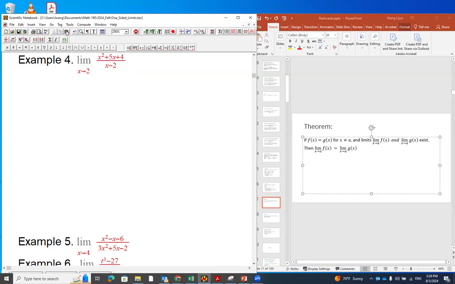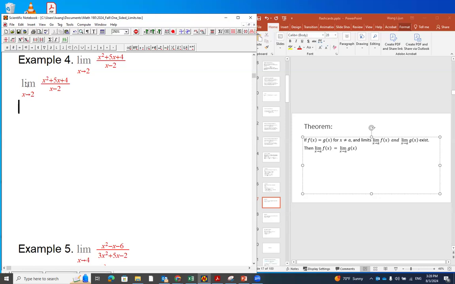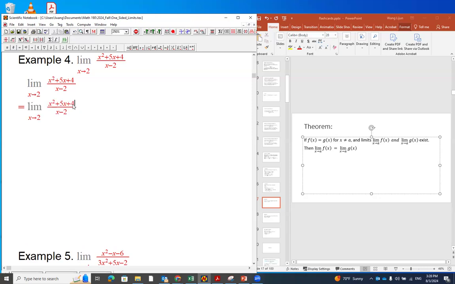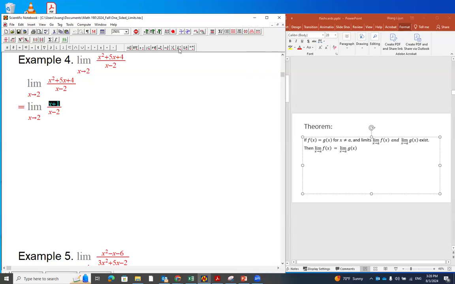We can try our algebraic manipulation. We're going to do some factoring. The top is factored into x plus 1 times x plus 4, and the denominator is x minus 4. But there's nothing that can be reduced.